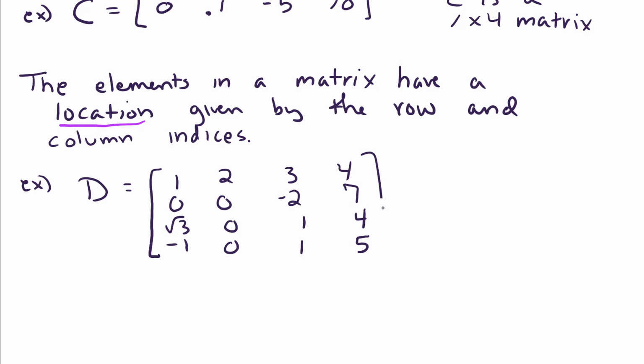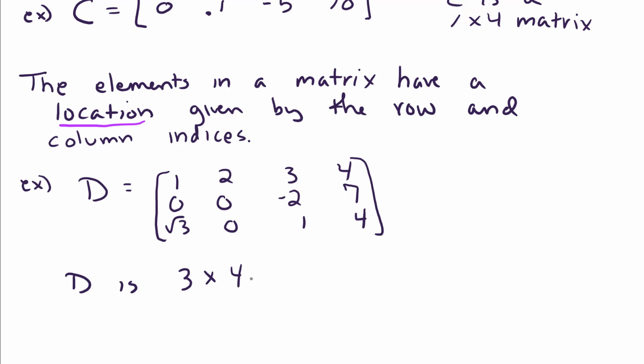Okay, so D is 4 rows. I think I said I wanted a 3 by 4. Let's get rid of a row here and make it a little bit more interesting for us. Fix this up. There we go. 3 rows by 4 columns. That looks better. D is a 3 by 4 matrix.